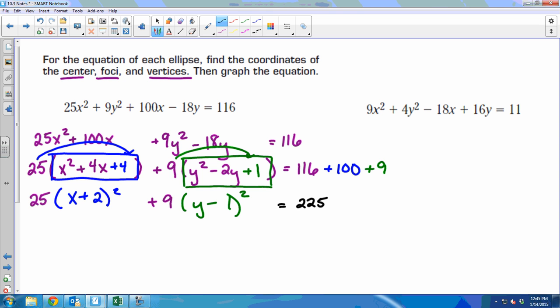Okay. For an ellipse equation, if you look at it, what is an ellipse always equal to? 1. So I have to make this equal to 1. So I'm going to divide everything by 225. An ellipse equation is always equal to 1.